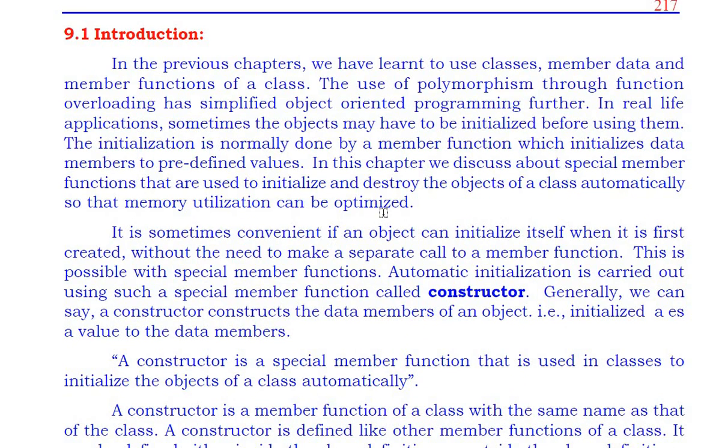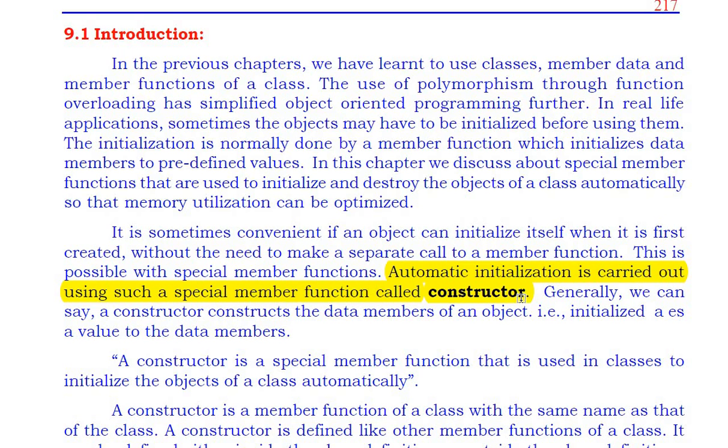So first let us see the definition. What is a constructor? Here you can see, automatic initialization is carried out using a special member function called a constructor. Constructor is a special member function of a class. It is used to initialize the object.